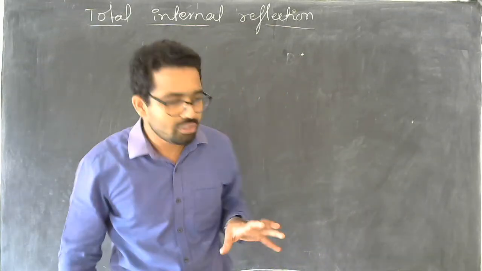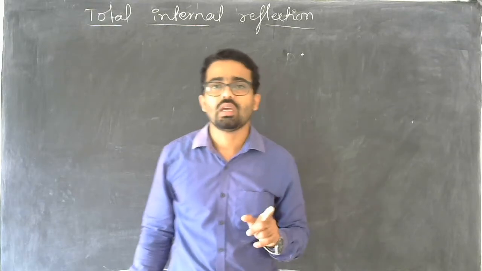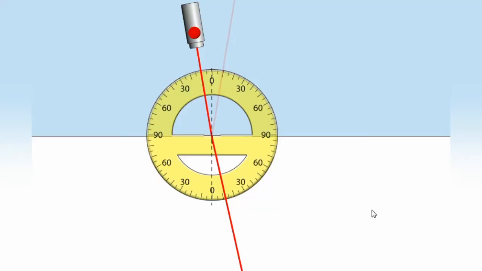For better understanding of this concept, I will use an animation. Now we are experimenting with total internal reflection using this animation. To undergo total internal reflection, the ray has to pass from the denser medium into the rarer medium.